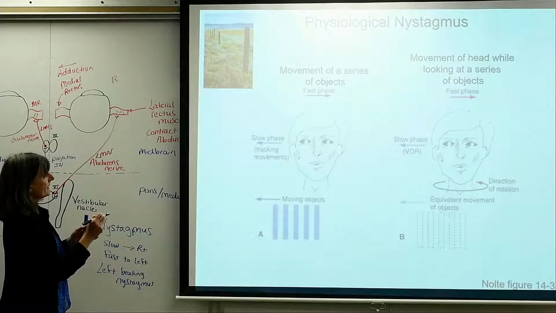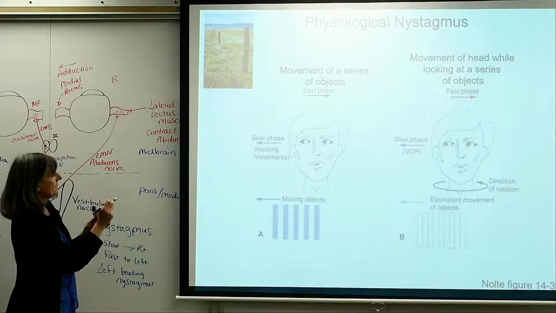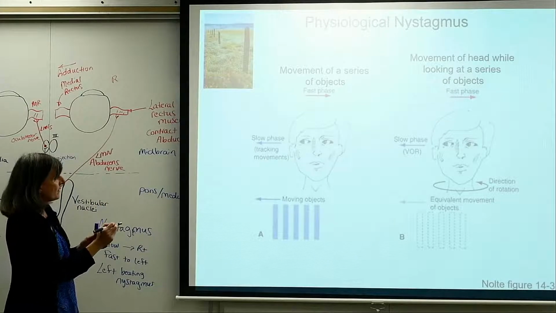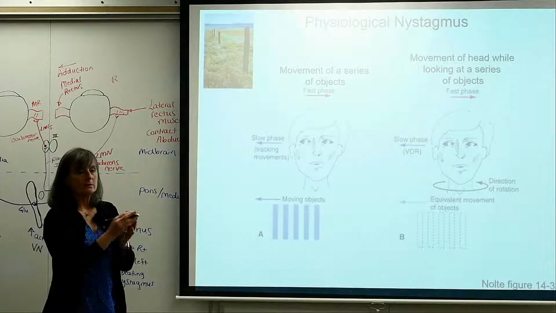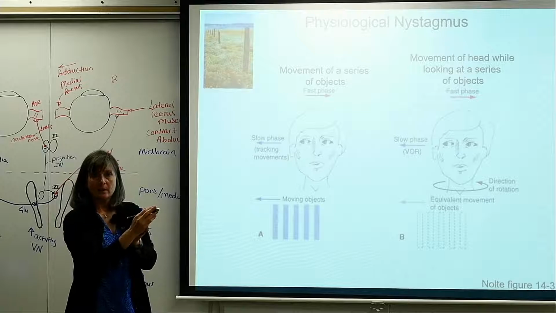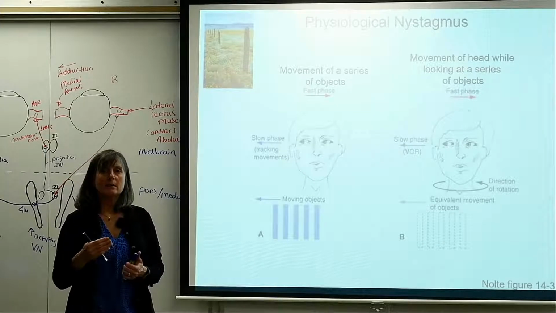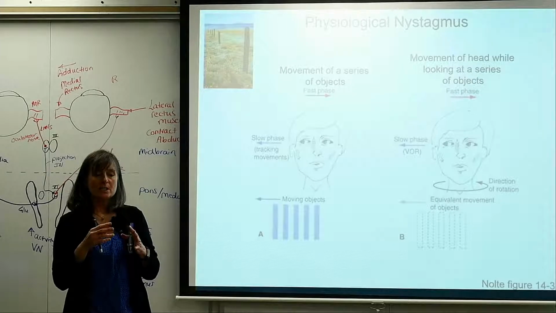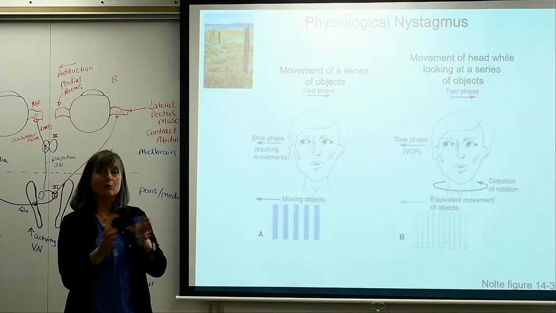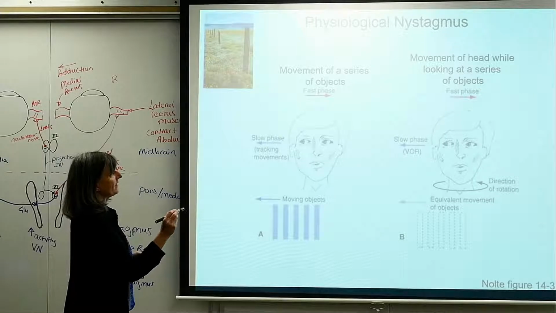So the slow phase are these tracking movements where you're tracking the fence posts in this case. And then the fast phase is going to be when you're going back the other direction to just reset your eyes. And it turns out that our visual system shuts down conscious appreciation of visual information during that reset phase, so that you don't pick up any visual information during that fast phase.